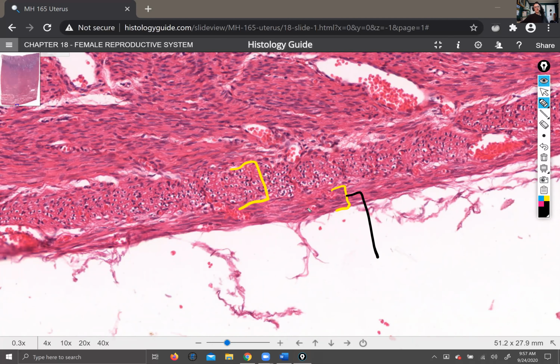So in this case, dense irregular connective tissue would not be an acceptable answer because although you're not wrong about the tissue type, your answer does not tell me whether you know you're looking at the uterus or not, which is kind of the crux of the content of the first practical.